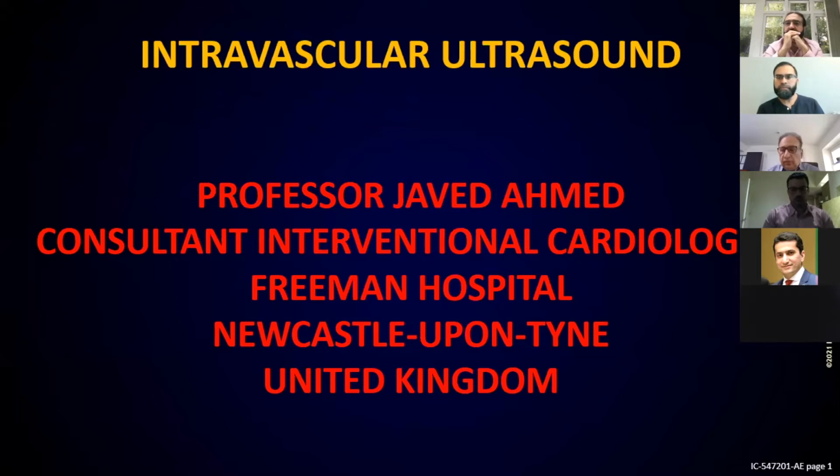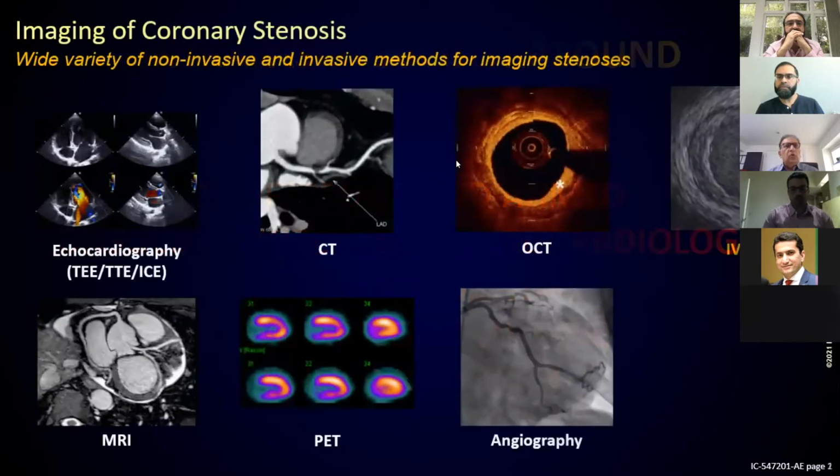So after that, I will start with some basic information on the IVUS. There are several modalities which can help us to image the coronary arteries and stenosis. There's a wide variety, including echocardiography.